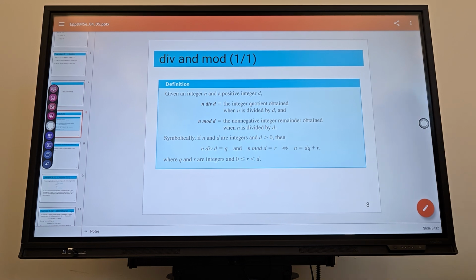Symbolically, if n and d are integers and d is greater than 0, then n div d equals q, n mod d equals r, such that n equals dq plus r, where q and r are integers and r is between 0 and d.